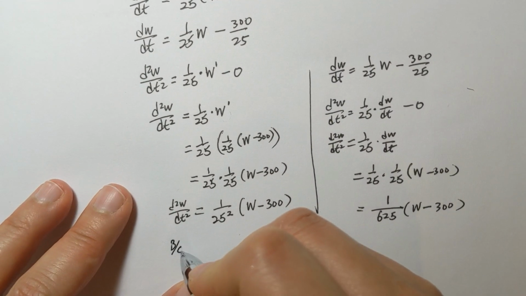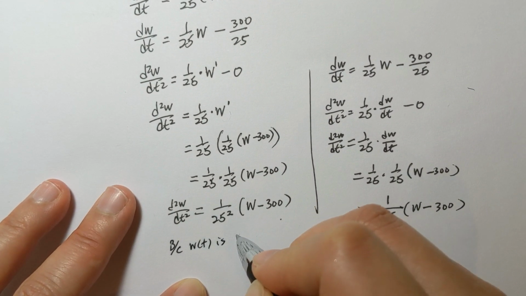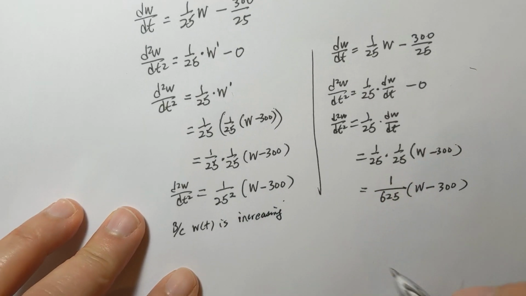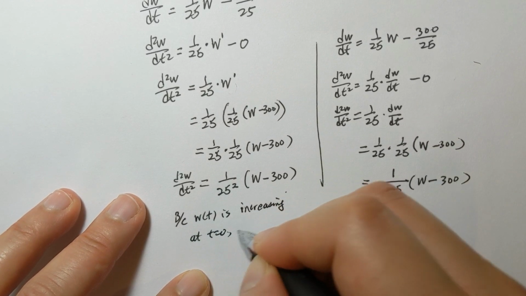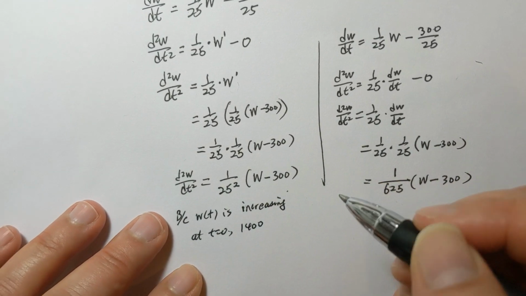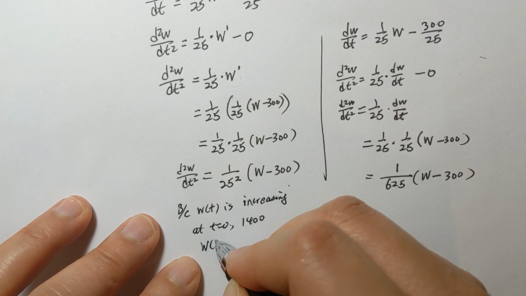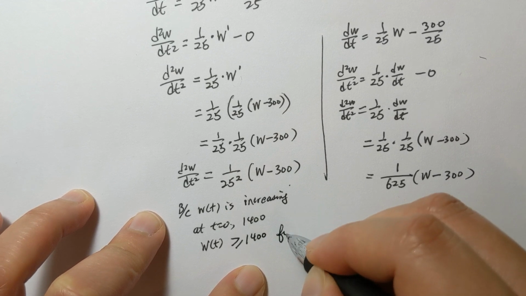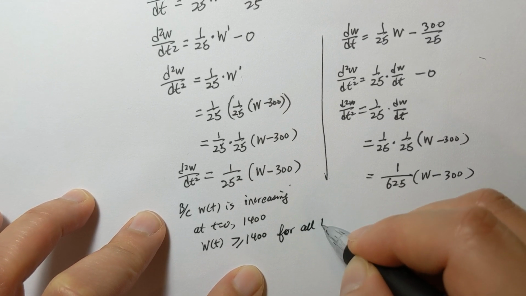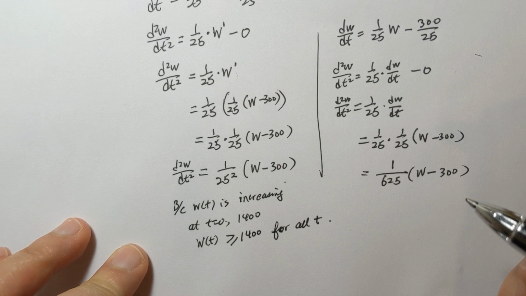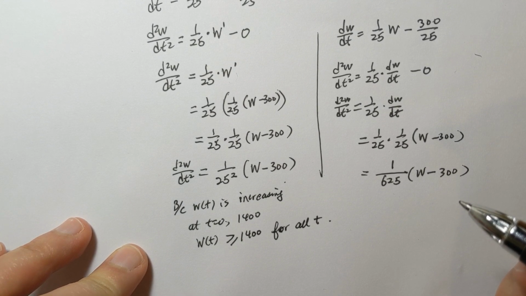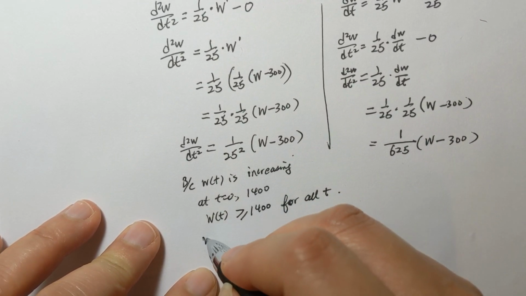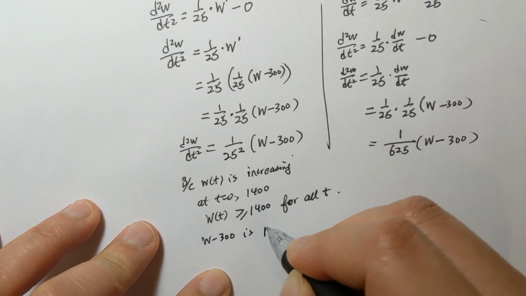Because W(t) is increasing, that means at t equal to 0 it is 1,400, and then W(t) would definitely be bigger than or equal to 1,400 for t greater than or equal to 0. Because it is increasing, you already begin with 1,400. So based on this, W minus 300 is positive.